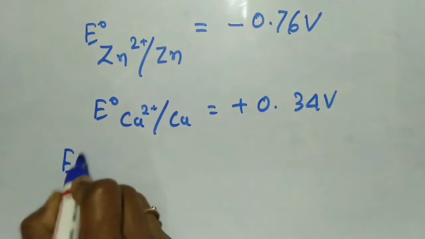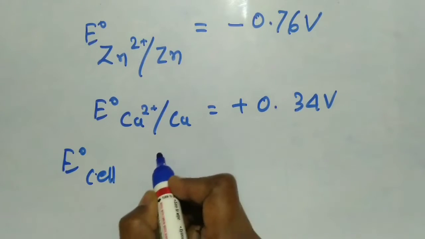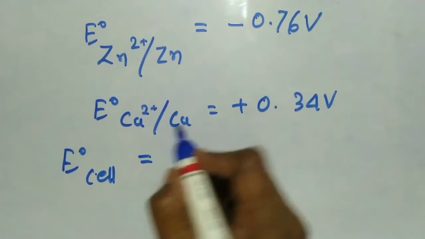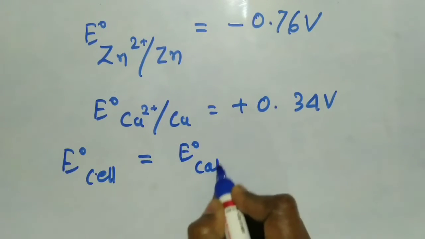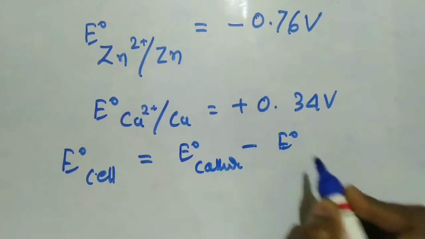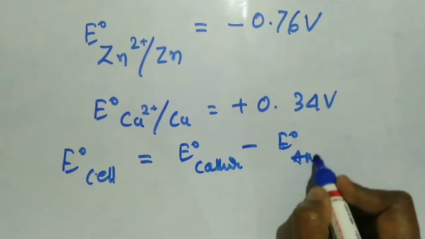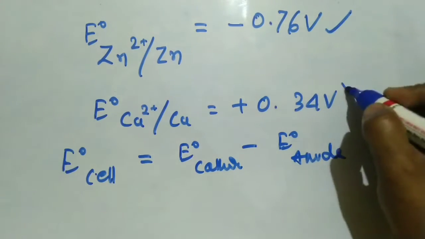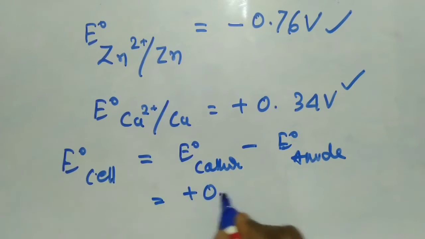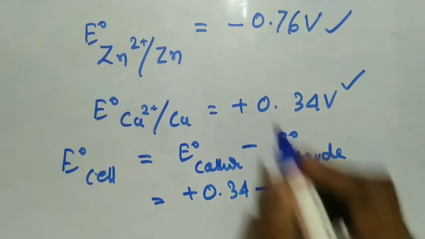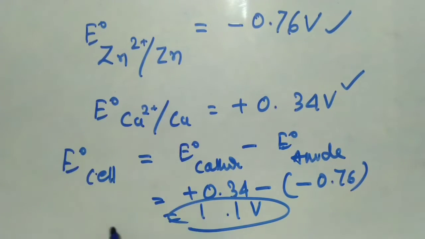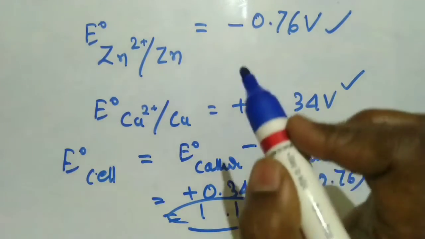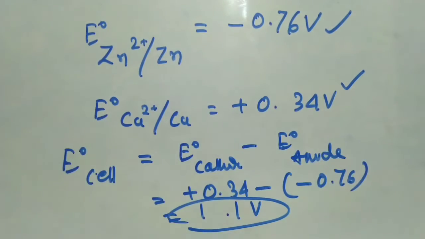Then the standard cell potential, and I use the word standard because this is the standard condition, is the standard reduction potential of the cathode minus the standard reduction potential of the anode. Here this is the anode and this is the cathode, so we put 0.34 minus (minus 0.76), and we get 1.1 volt. This is the E° cell, the potential of the Daniell cell at standard condition.